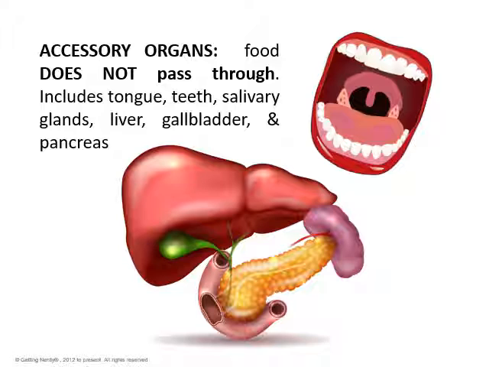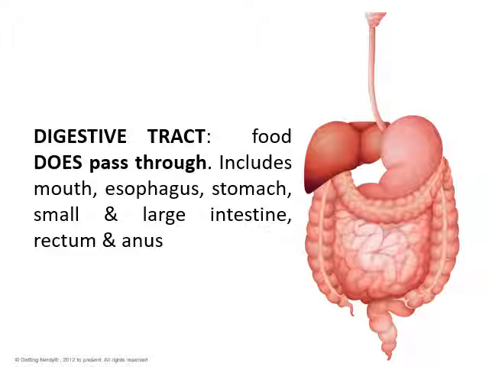However, these organs are essential in the digestive process. The digestive tract includes the mouth, esophagus, stomach, small intestine, large intestine, rectum, and anus. The digestive tract is where food passes through our bodies.